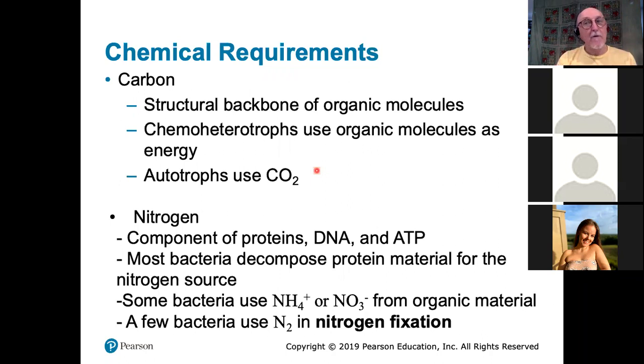It's this backbone of molecules. It's the source of our energy. And in one group of organisms, the autotrophs, the photosynthetic organisms, for example, they require carbon in the form of carbon dioxide.